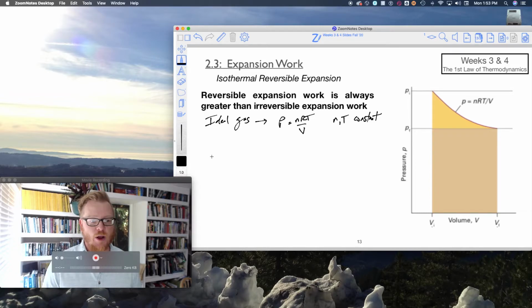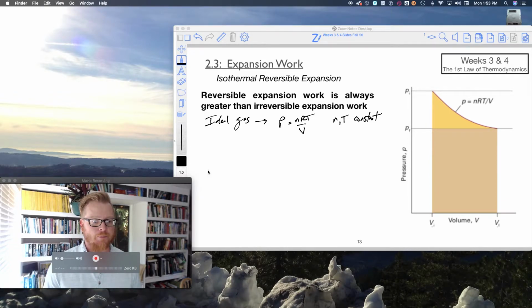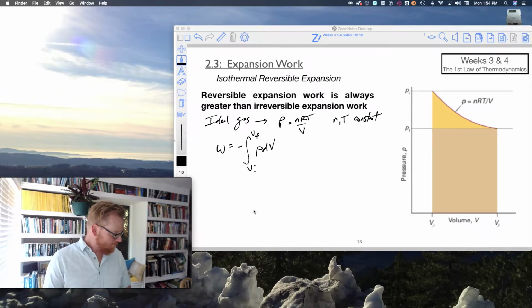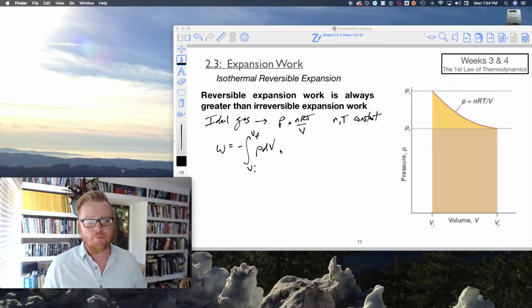So now we know that work is this equation. Okay, let me take a drink of water. Well, we have an equation for P, right? So we can plug that in.